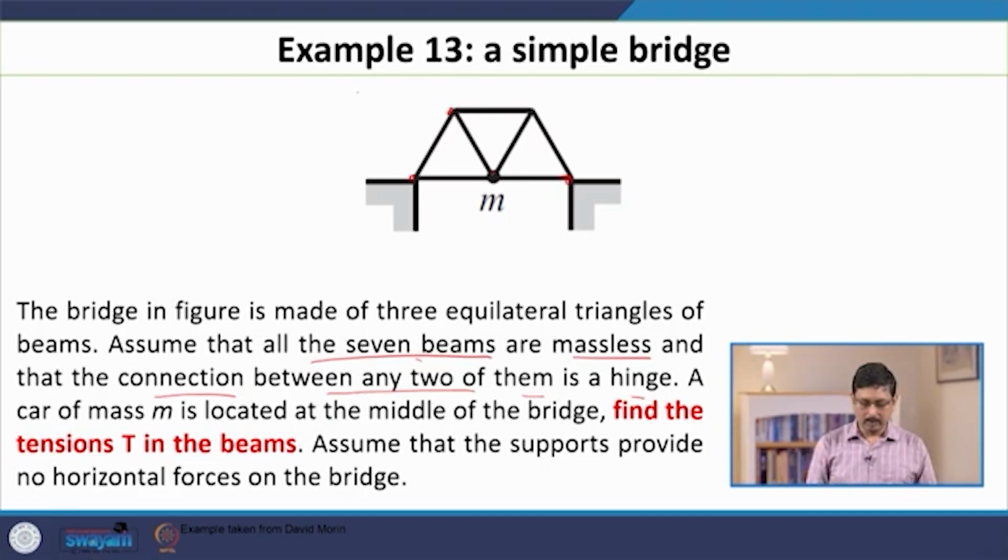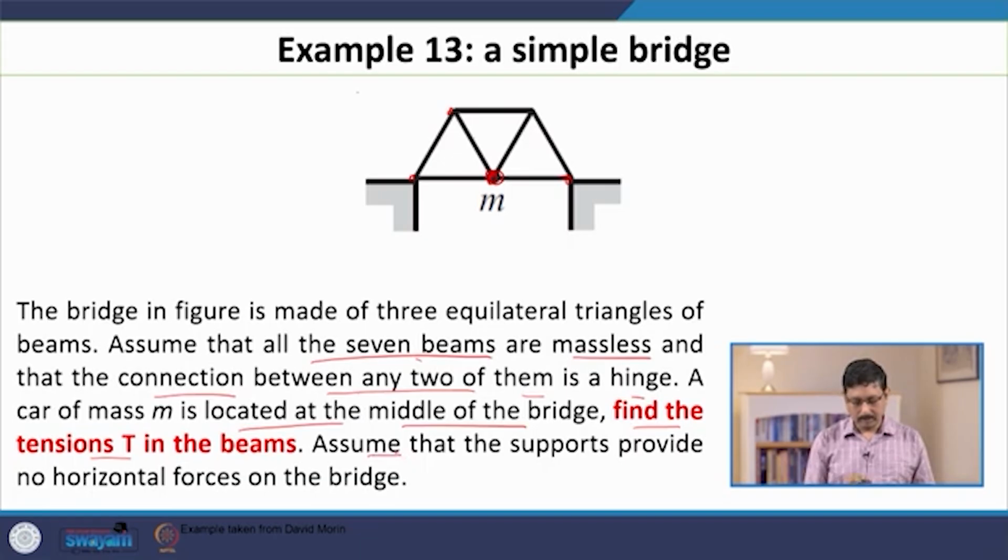Now, there is an external load: this black object is a car of mass m which is standing still precisely at the middle of the bridge. Now, given this situation, find the tension T in the beams. So, this is the question.